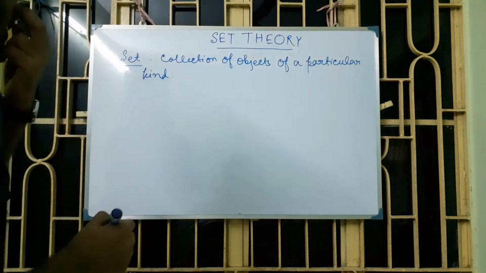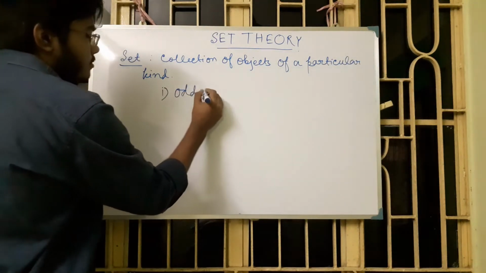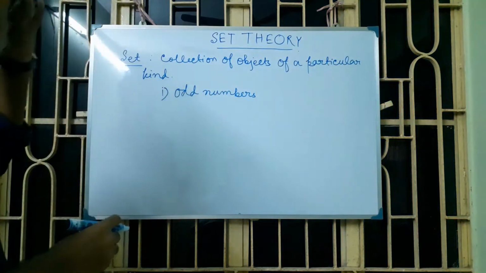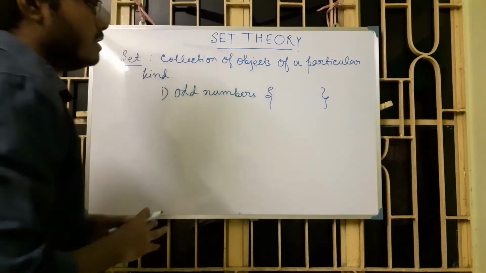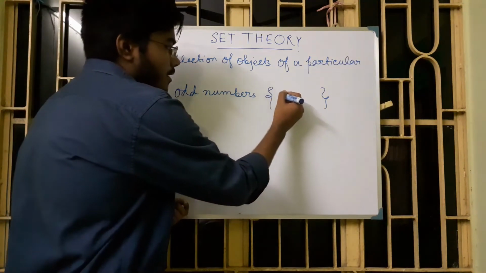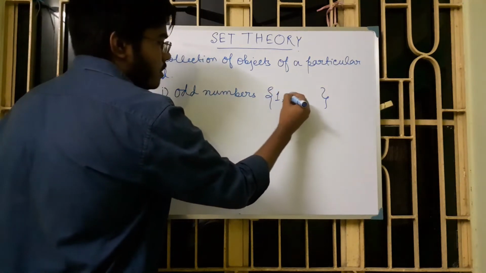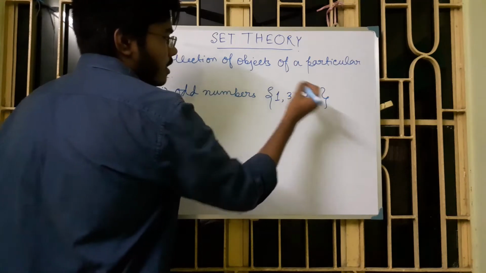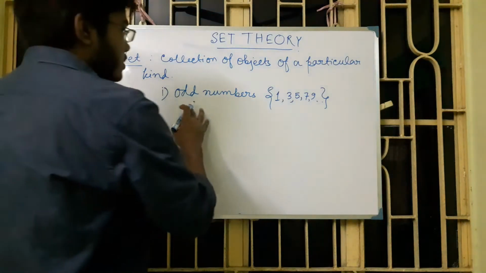Let us suppose the set of odd numbers. You have to define a set using this basis. The odd number set means 1, 3, 5, 7, 9, dot dot dot up to infinity. This is the odd number set.